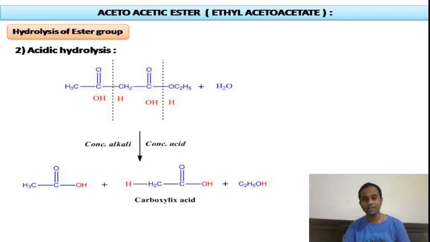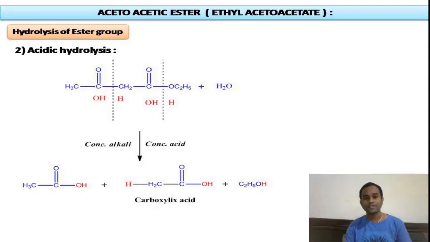We have to break the ester functional group as well as keto functional group in the acidic hydrolysis, and while breaking, OH group should be attached to the carbonyl carbon, hydrogen should be attached to the other side to give the product. Always in this hydrolysis, we will get carboxylic acid as the main product.